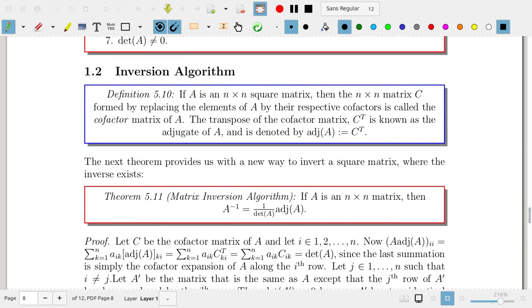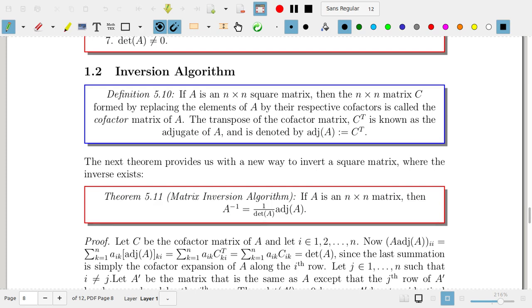Okay, so now we'll look at the inversion algorithm. We will prove a new way to invert a matrix. Let's define what the adjugate matrix is.